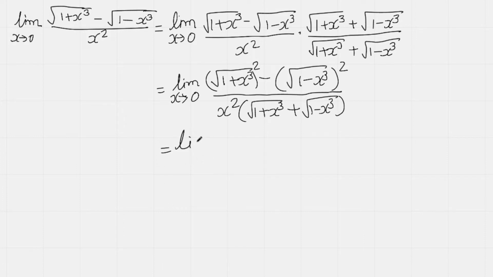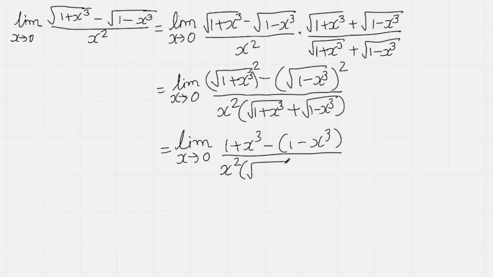So now this will be equal to limit x approaches 0. Square and square root get cancelled in the numerator for both the terms. So we will have 1 plus x cube minus 1 minus x cube, whole divided by x square into bracket square root of 1 plus x cube plus square root of 1 minus x cube.